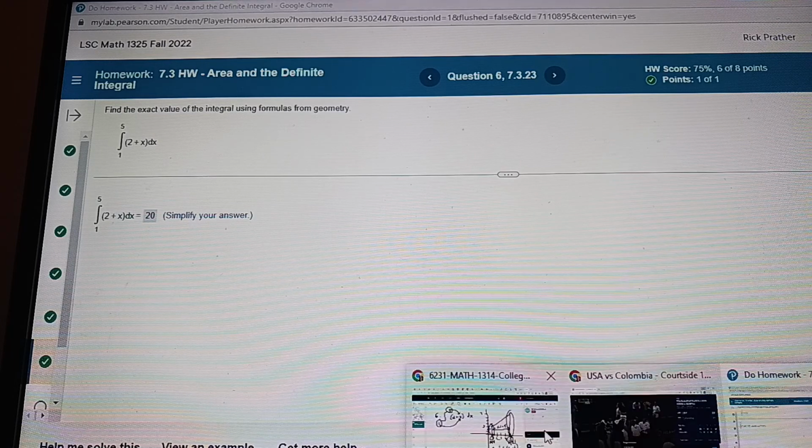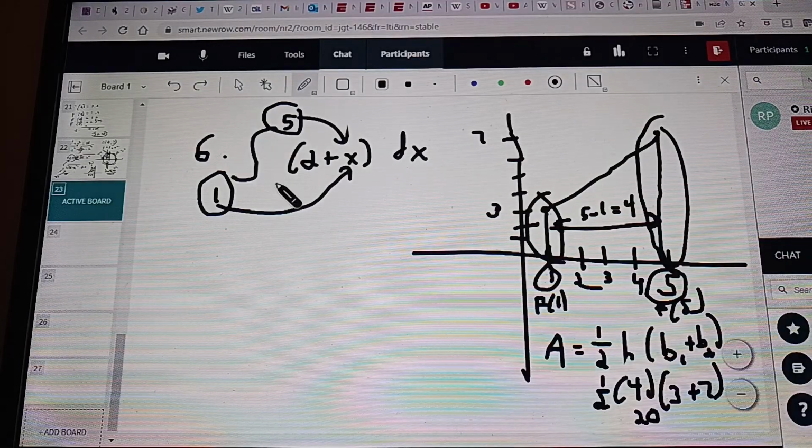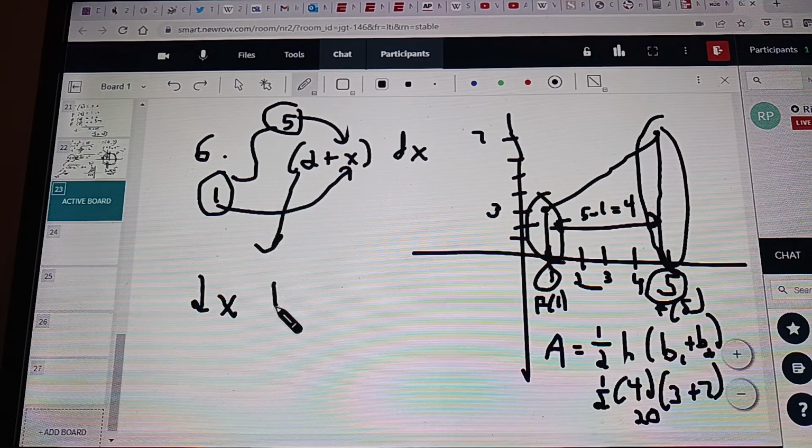Now, here's what you're going to learn next time in section 7.4 actually. I can show you this because you guys know how to do the antiderivative of this. The antiderivative of 2 plus x: the antiderivative of 2 is 2x. The antiderivative of x is x squared over 2, if you remember how you increase the exponent by 1 and divide by that new exponent.